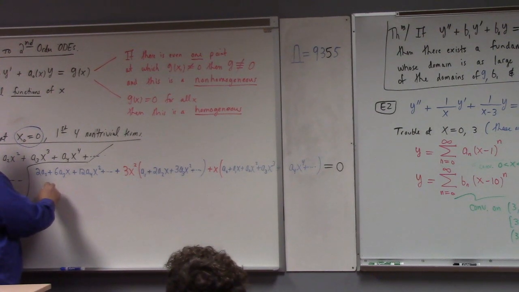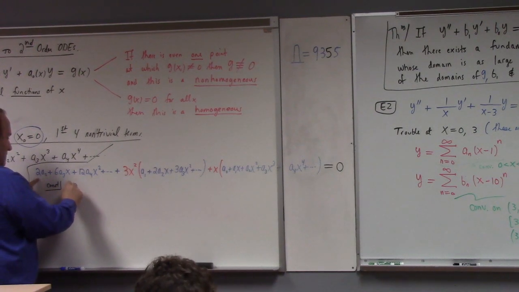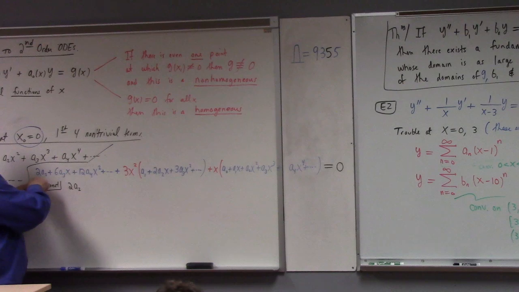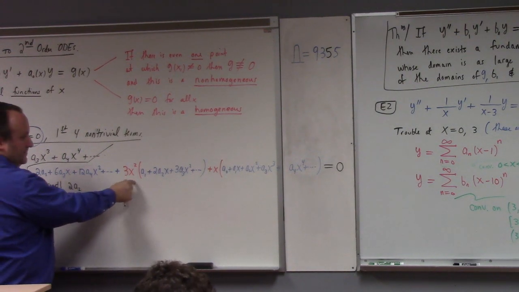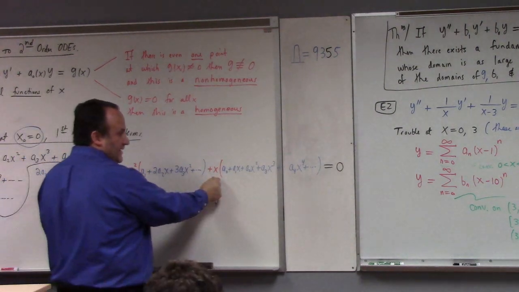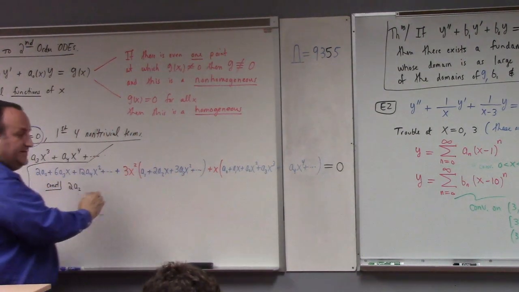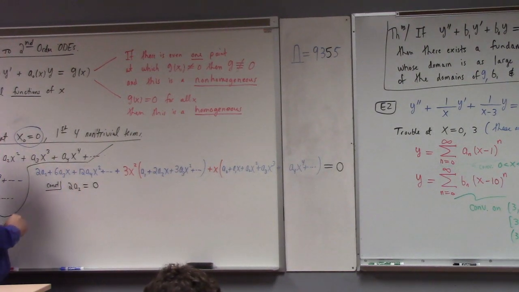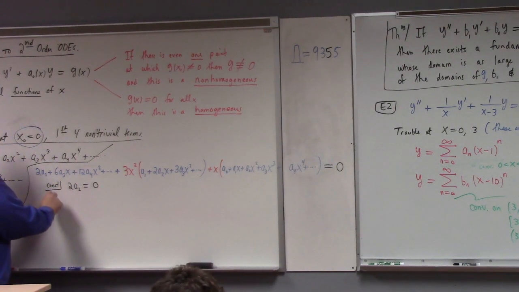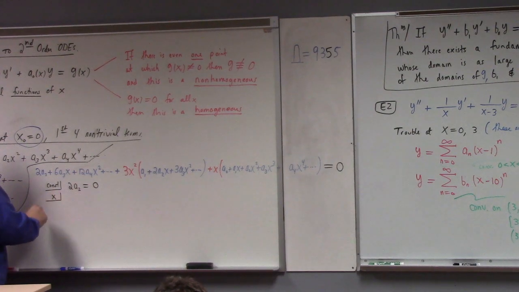Constant terms, what do we got? We've got ourselves a 2a2 for the first. Where else do we have constants? Not here. Not here. That's it. 2a2 equal to 0. How about the x terms? What do we got there?